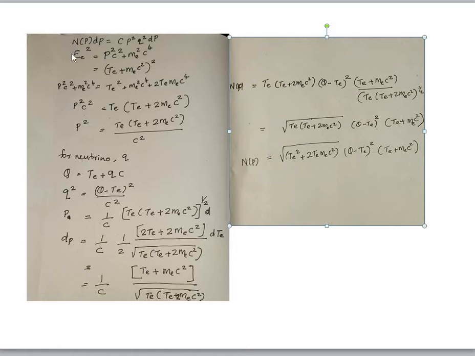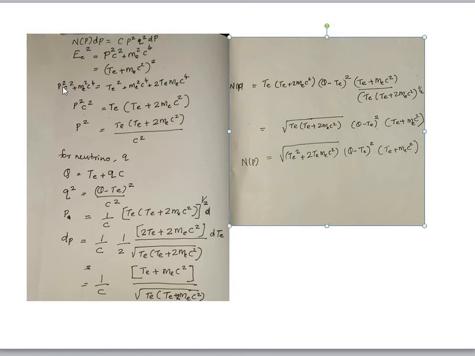E² is the energy of the electron. We know that it is p²c² plus m_e²c⁴. That can be written as (T_e + m_e c²) whole squared.